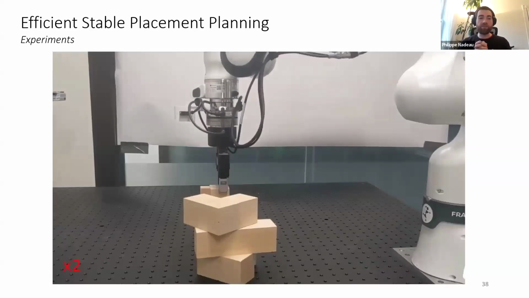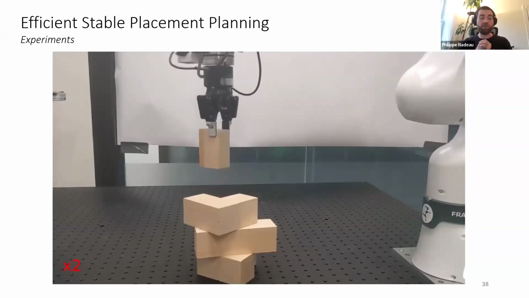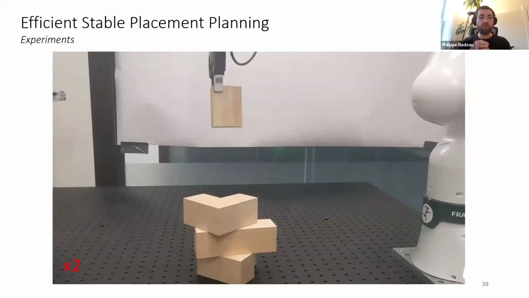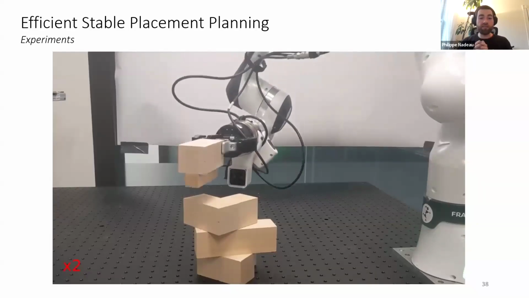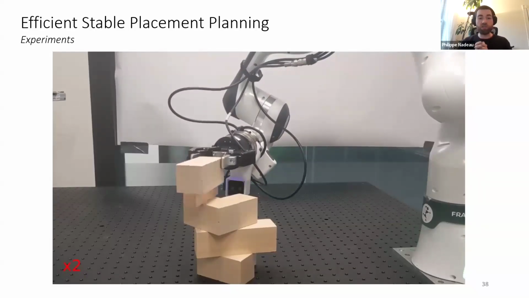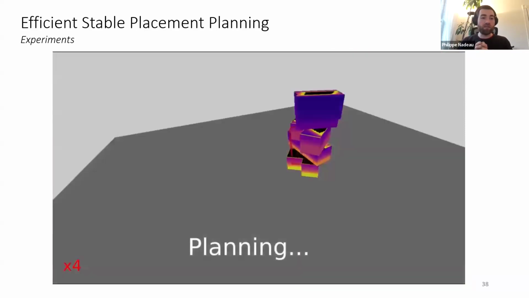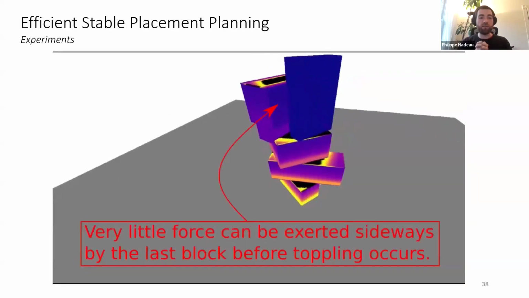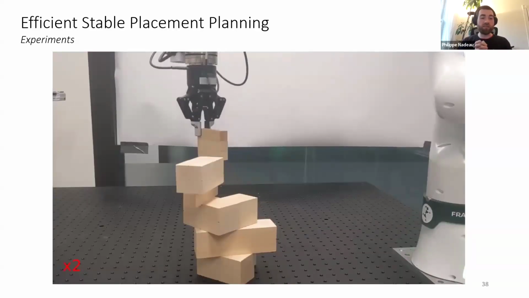And the robustness on the sides of this object is very low, as indicated by the bluish color. And this will almost create a toppling situation when placing the last object. So this last object has very, very little robustness. A very small force could make the second to last object topple.